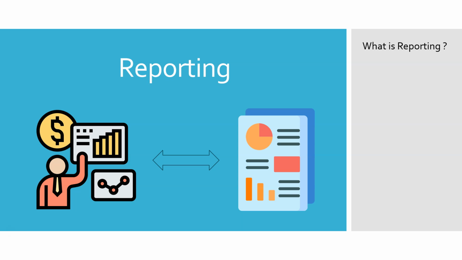Based upon his request, the reporting team will create some SQL which will fetch the data from various tables, like the voucher table, the payment table, and the payment accept table. And finally, based upon the requirement, they will create an Excel and provide this Excel to John. This is the report that the reporting team will provide to John based upon his specific requirement.